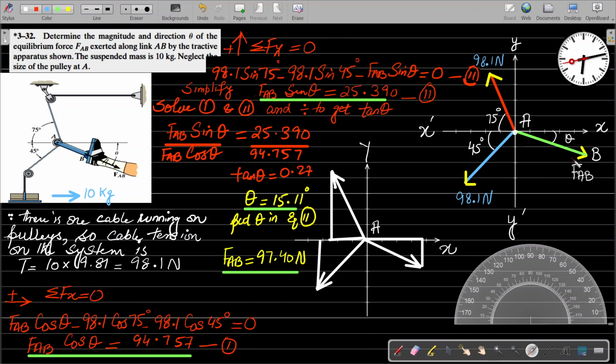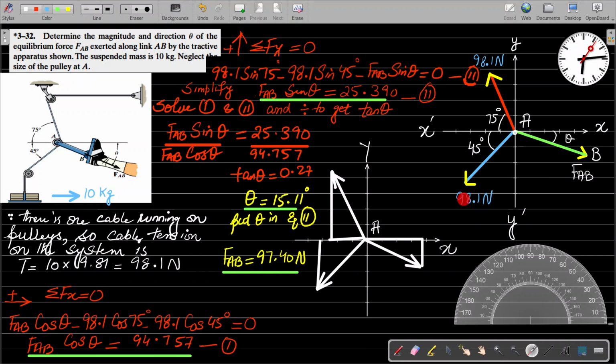Now we know this is our pivot point A. We can resolve the three forces along the x and y axis and negative x and y axis. This force will have two components, one along the positive x and one along the negative y. This one will have two components, one along the negative x and one along the positive y.